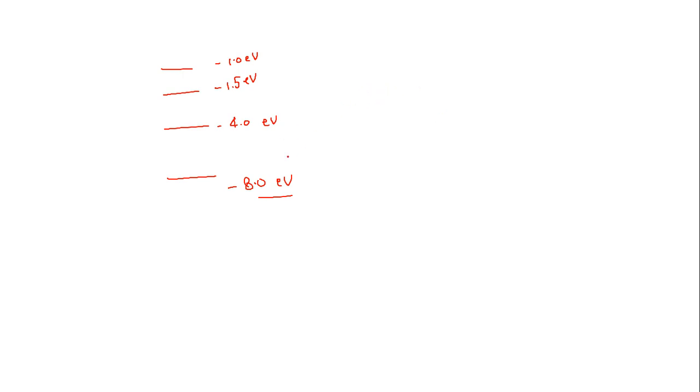So first of all, what I did was E1, E2, E3 and E4. First I did E2 minus E1. It came out to be 4 electron volts. And then I convert this electron volt to joules. Why?